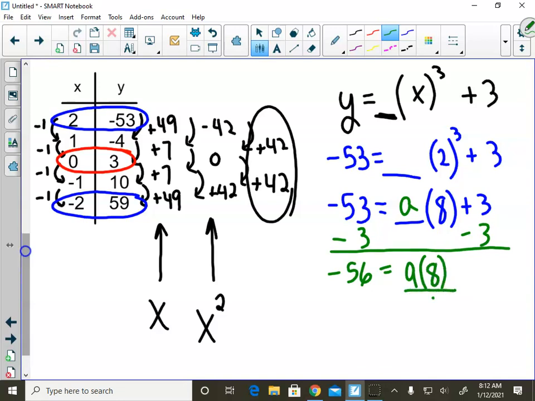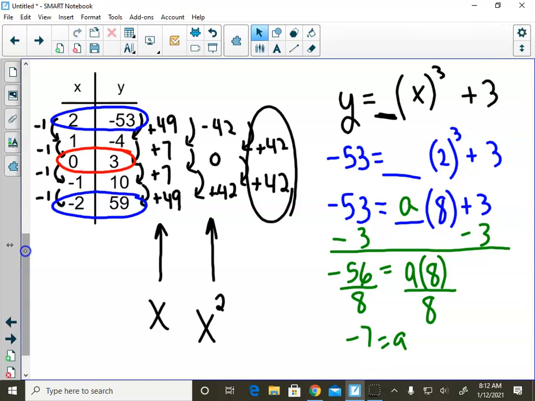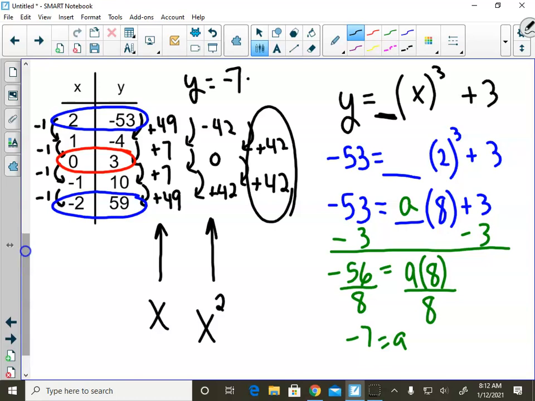Then we divide by 8. So negative 7 is A. What that means is our function rule would look like this: y is equal to negative 7 x to the third, plus 3.